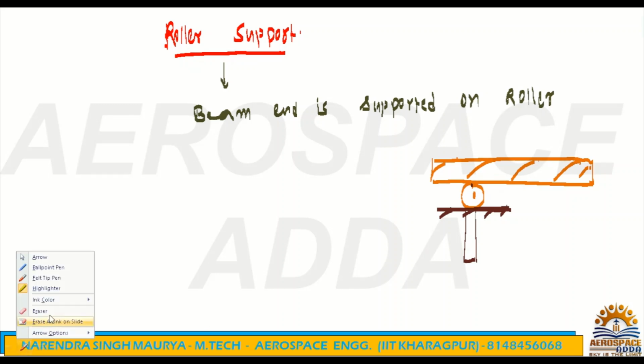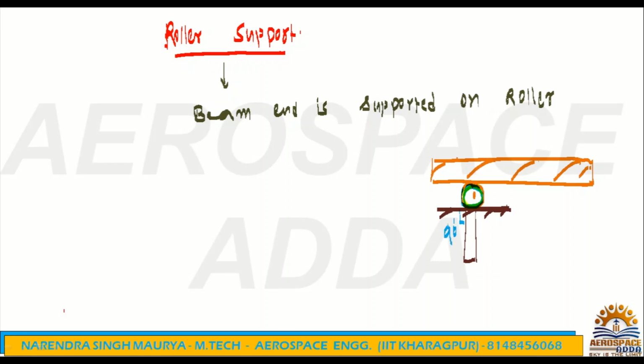I'll show it with different colors, so it will be clearer. This is nothing but the roller. It's rolling about its own point. Also here, if you see the angle, it's 90 degrees.